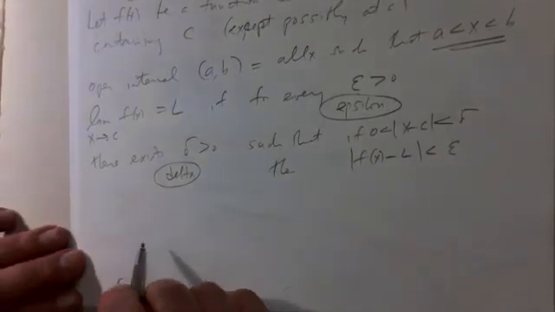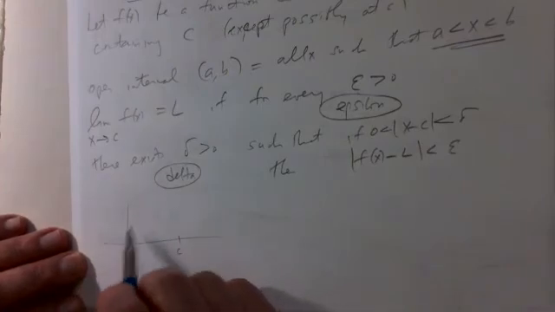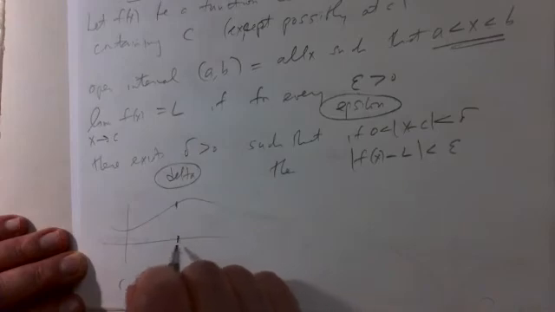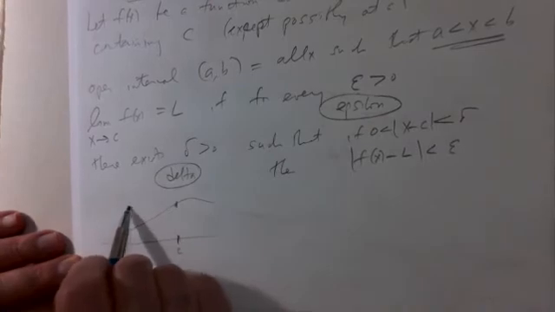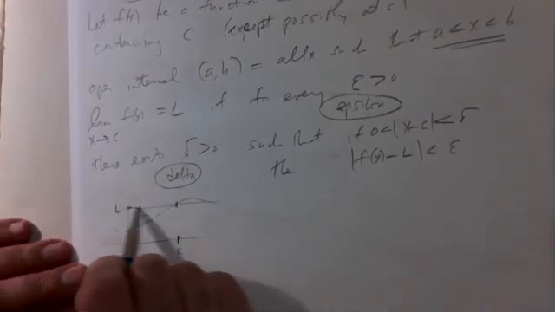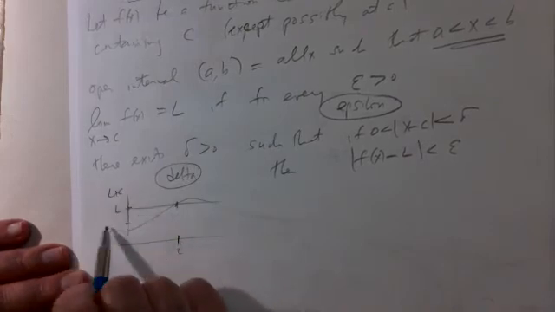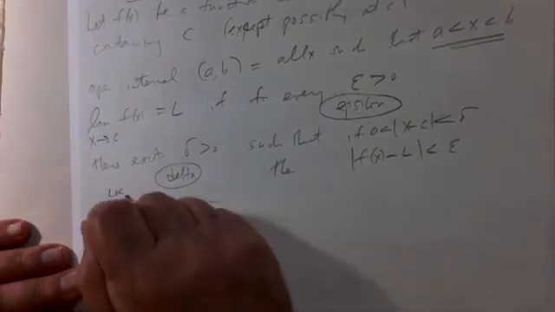If you want to draw a picture of that, it would mean the following. Here's the number c. You have the graph of your function, and let's say this is L. For any epsilon, you can go from L minus epsilon to L plus epsilon. That's some open interval on the y-axis.